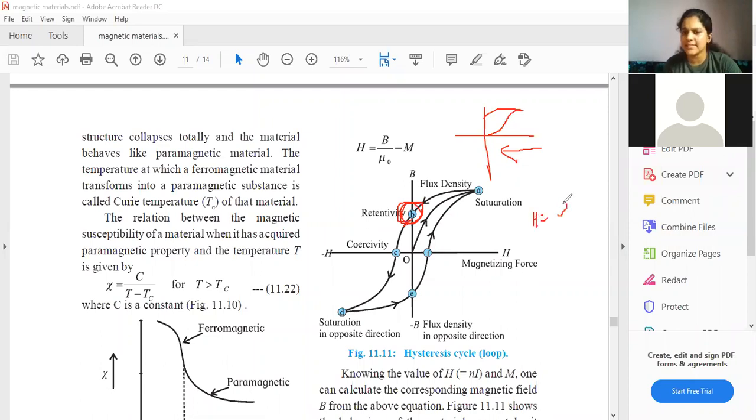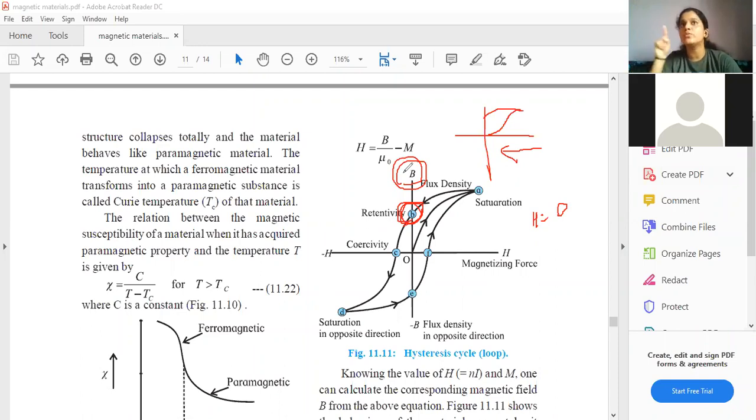Value of current is 0. In short, current 0 means H 0. Value of H is 0, but value of B is not 0. B is the flux density that is acquired by the material after keeping it in the external magnetic field. So when I stop the current, students will remember one property about ferromagnetism.